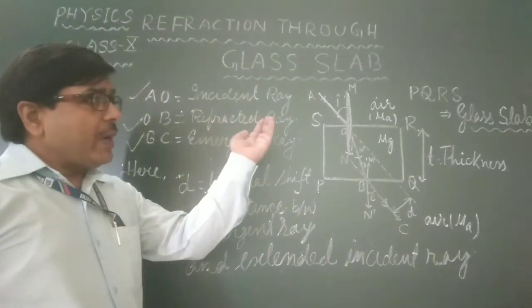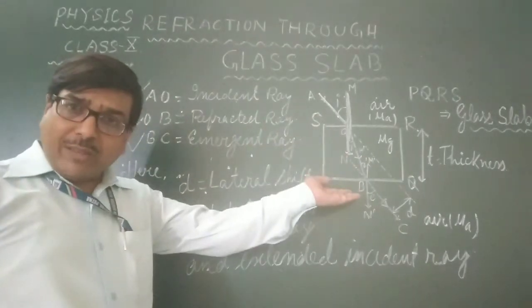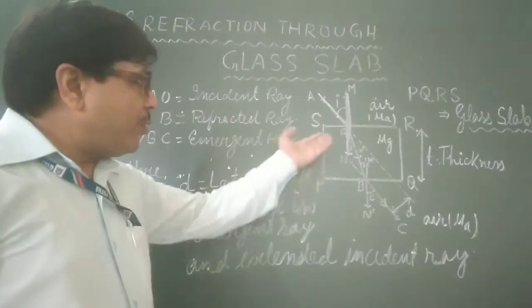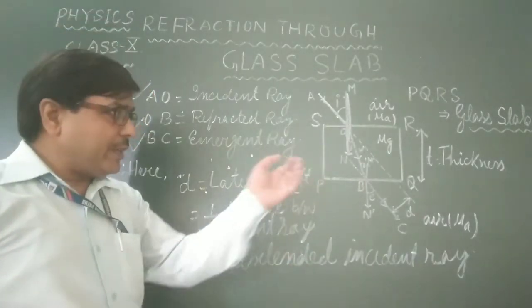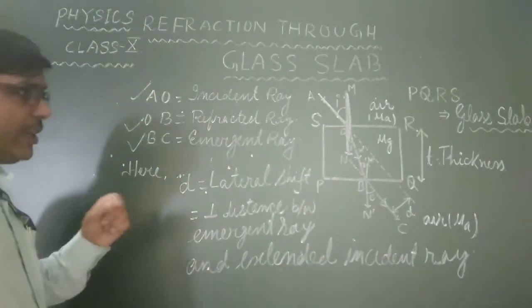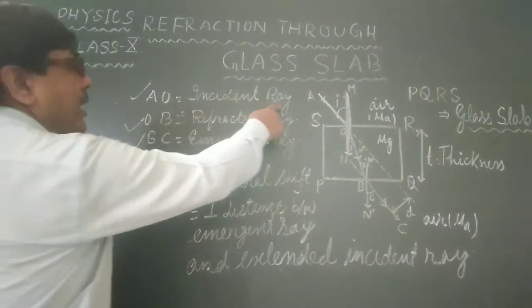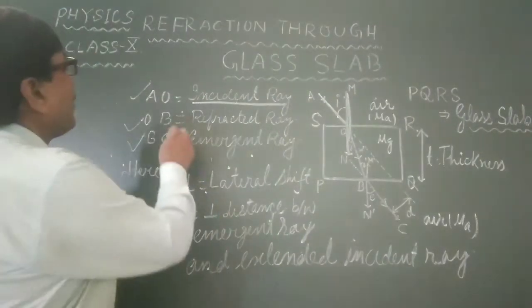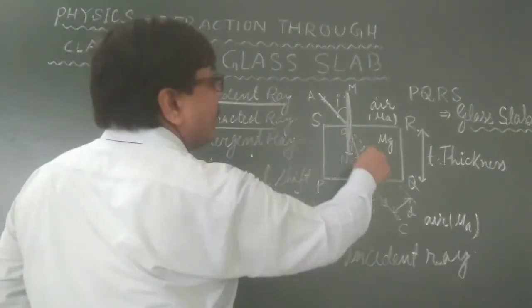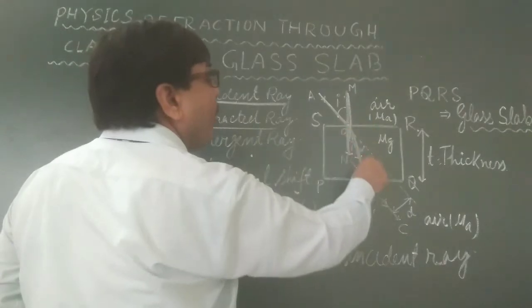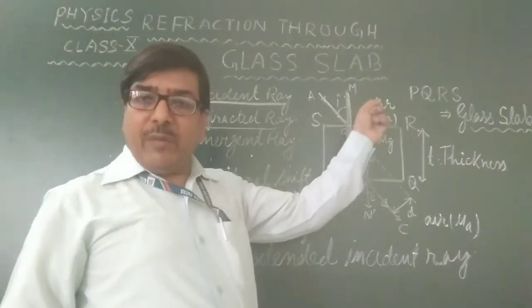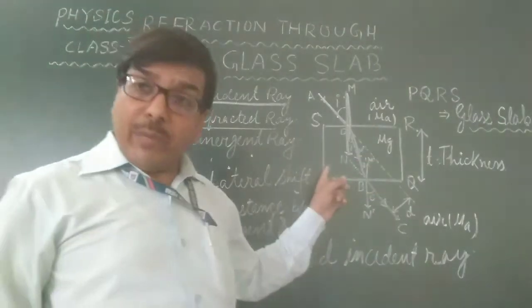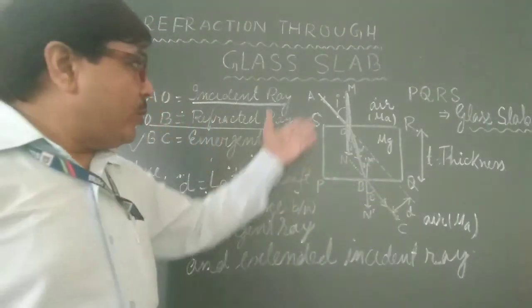light. If a light ray travels through a glass slab, we get such a diagram. Now let us see here. AO is the incident ray, and OB bends towards the normal because air is a rarer medium and glass is a denser medium in comparison to air.